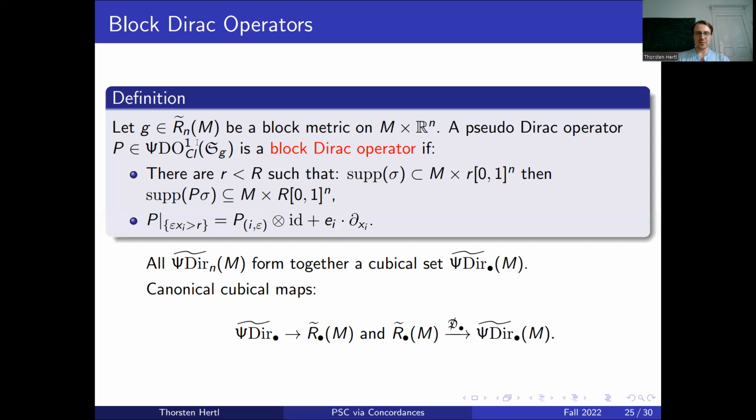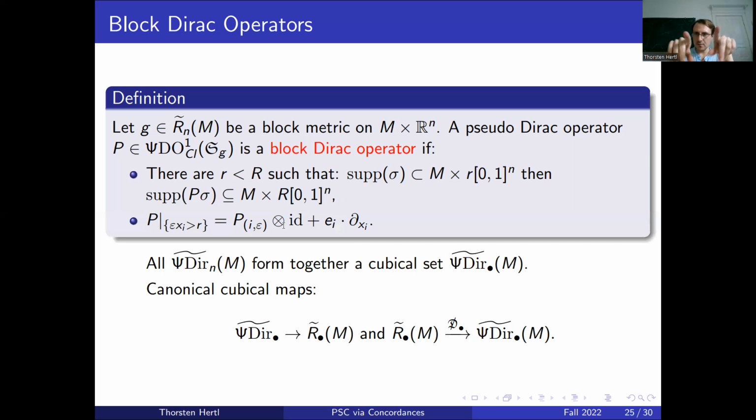This is what the first condition says, without going into much detail. But more importantly is the second condition, which says that outside an unknownly large cube, this operator decomposes in the same manner as the Dirac operator of a product metric would do.